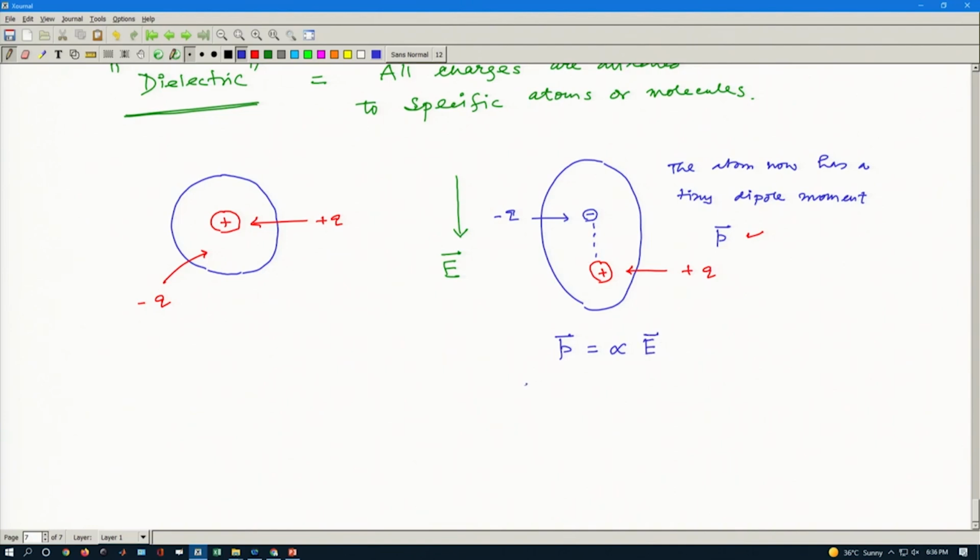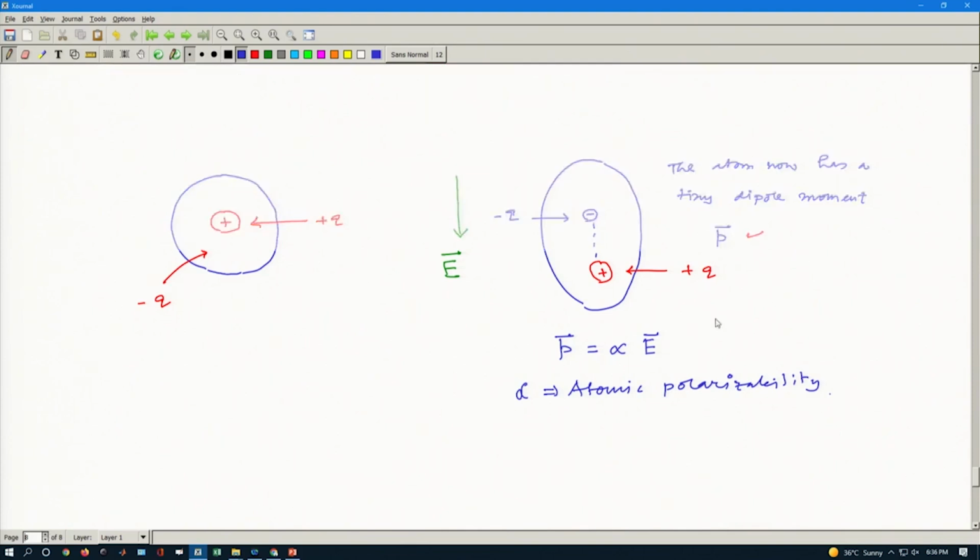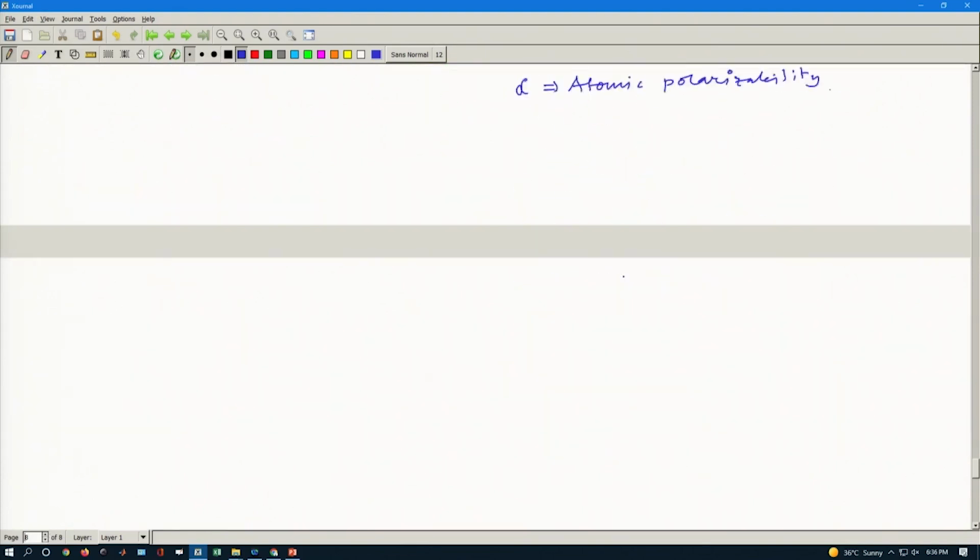This constant alpha is called the atomic polarizability, because for an atom, when you apply the electric field, the polarization is proportional to the applied strength of the electric field.